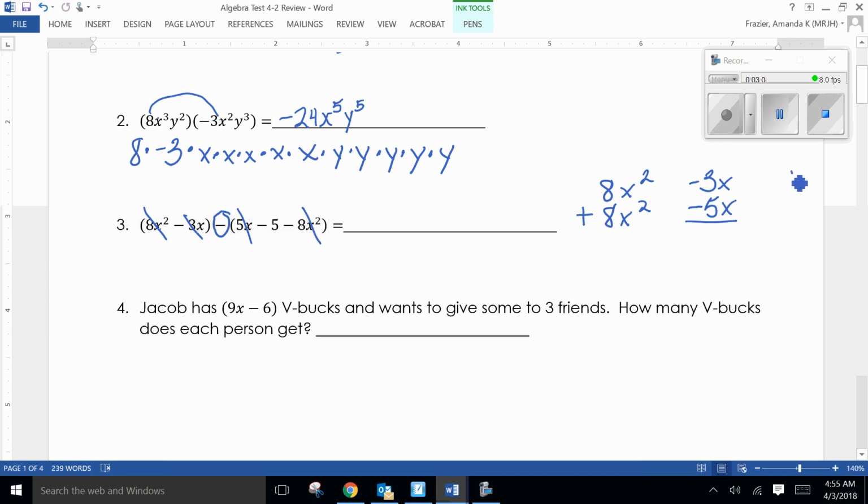So really, let's say I have 0, and I'm taking away negative 5, so it's like I'm adding 5. Okay, so that gives me 16x squared, negative 8x, and then 5.